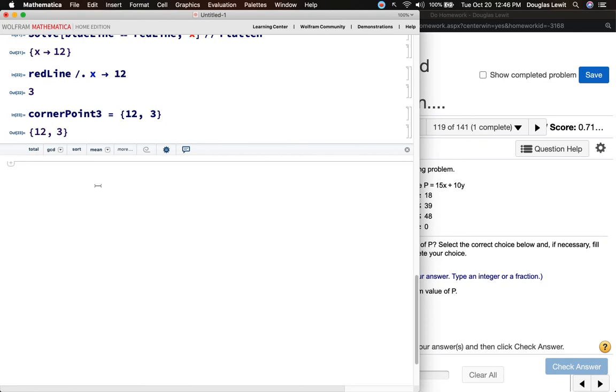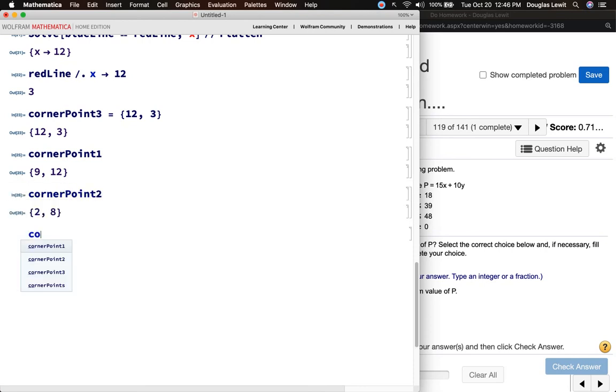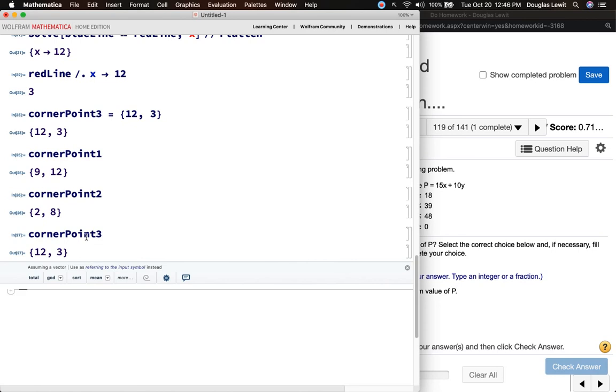Well, we have 3 different points. We have corner point 1, corner point 2, corner point 3. Now, what is our objective function? Our objective function is p. Well, you know what I'm going to do? I'm going to define it like this. P of x and y.